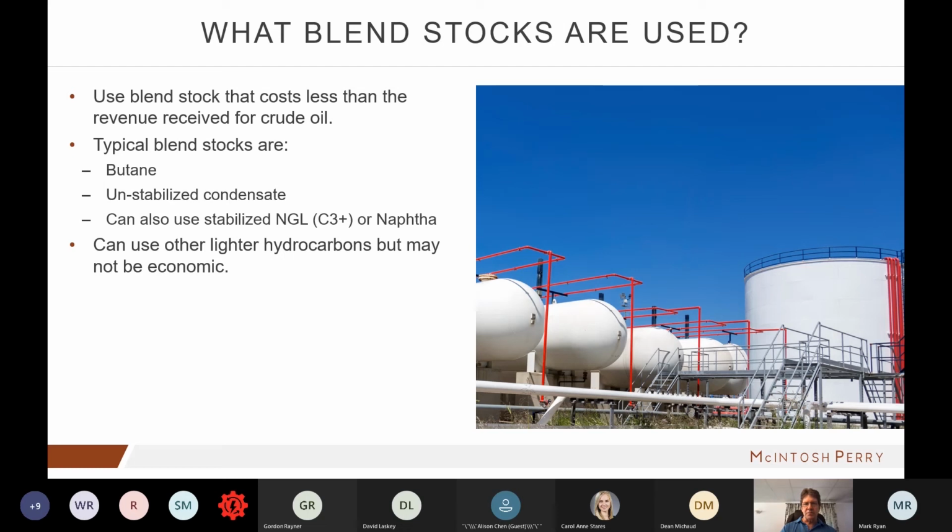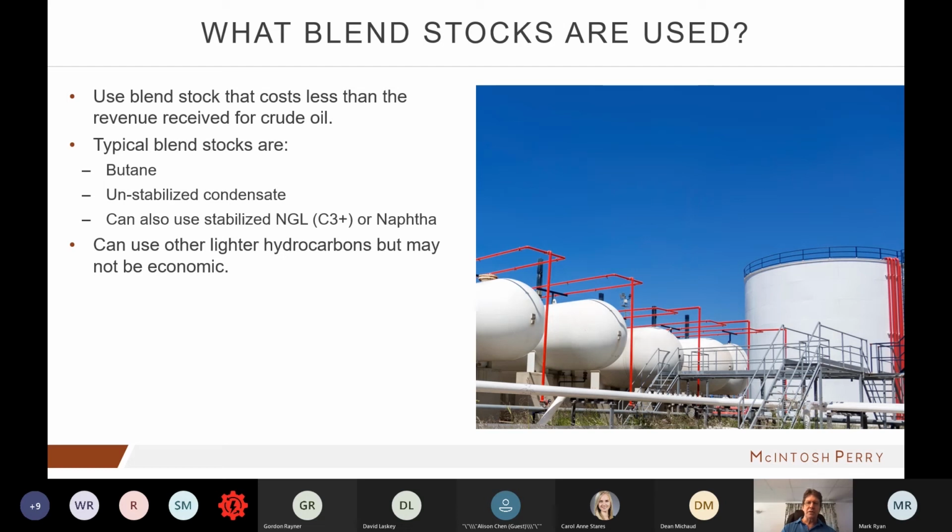And so what are some of the typical fluids we might use that are these lower value blend stocks that we could blend in? Butane's a good example, unstabilized condensate. Could also be NGLs or even a naphtha if we're near a refinery. So the key, though, is to find yourself a blend stock that has a lower value than the crude oil and be able to blend that in.